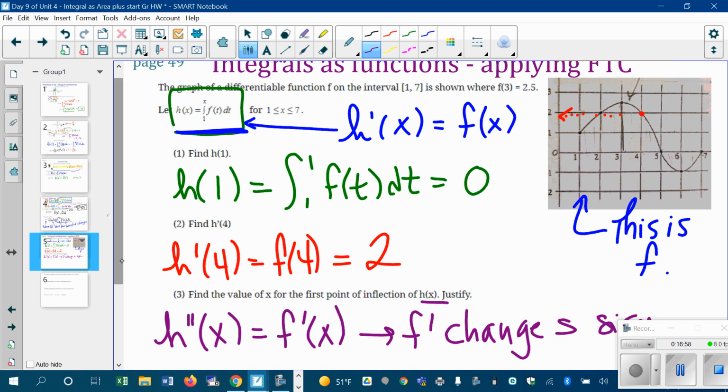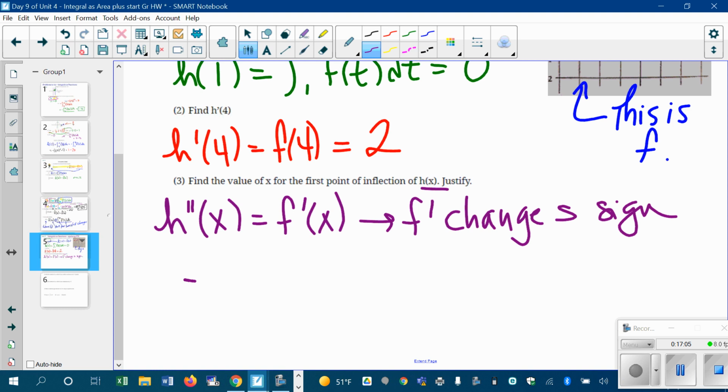And if you look at the picture, that's going to be right here at 3 when we go from positive slope to negative slope. So that's at x equals 3. We're changing f prime.